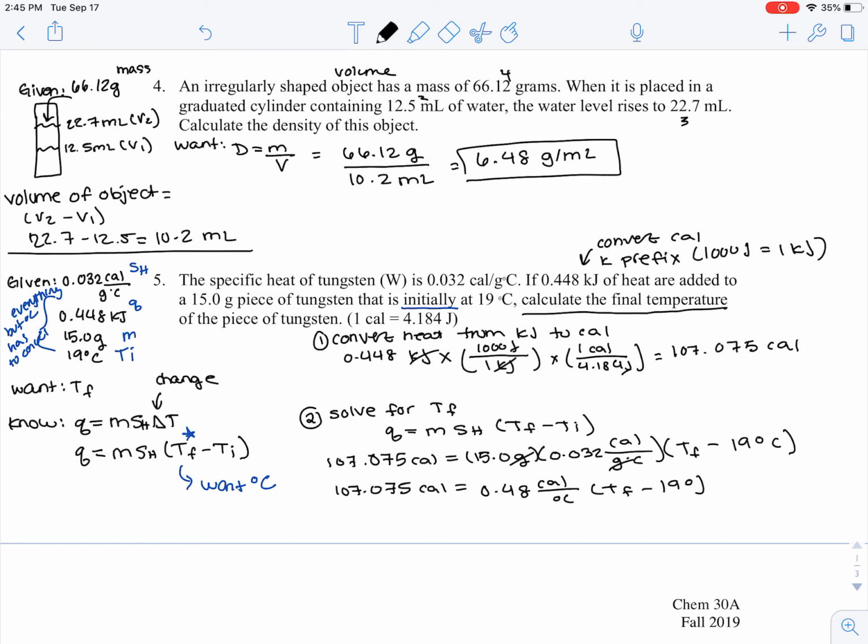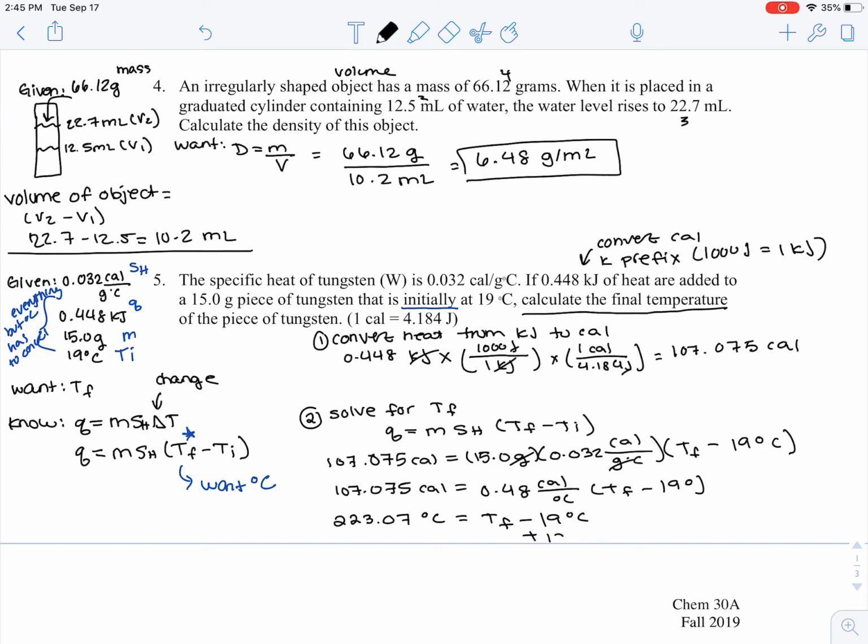Then you would divide over the 0.48 on both sides, which will be 223.07. Now your calories cancel, you're left with Celsius.